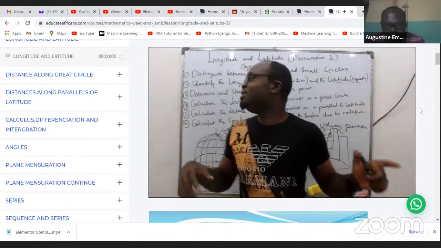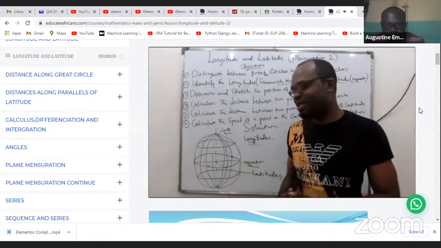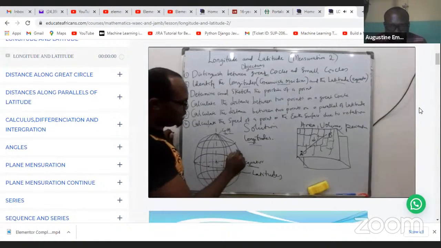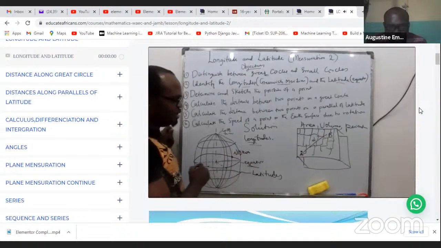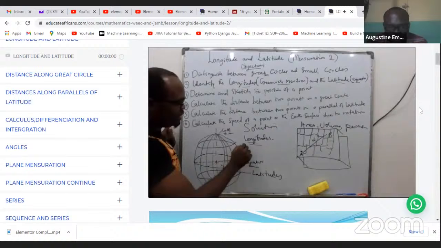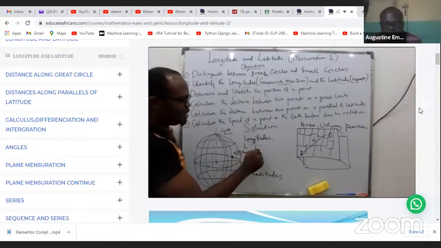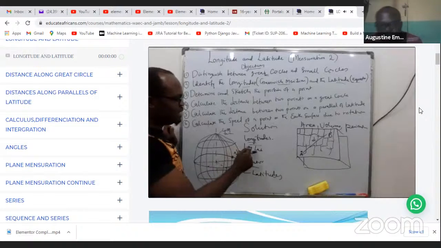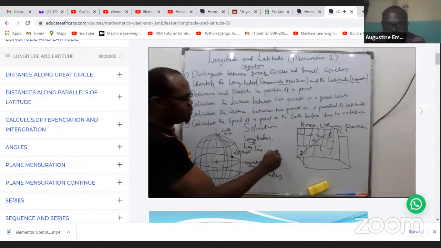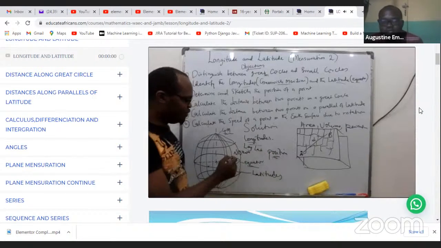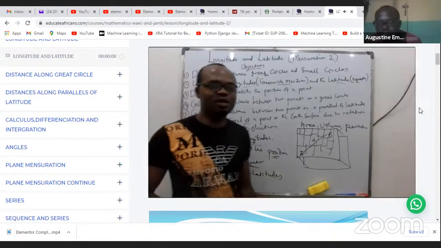For example, the distance from Nigeria to Ghana. You need to pick out these distances. So say a point in Nigeria there. You can actually get the position of a point by simply noting the longitude and the latitude. Just that. That's how you get the position of a body on the surface of Earth. Just know the longitude and latitude.